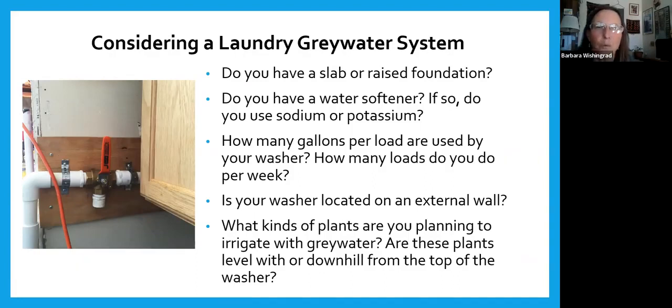It uses the pump from the washer. We have a more extensive gray water use questionnaire on the Sweetwater website, and you can find that under the Learn More tab.